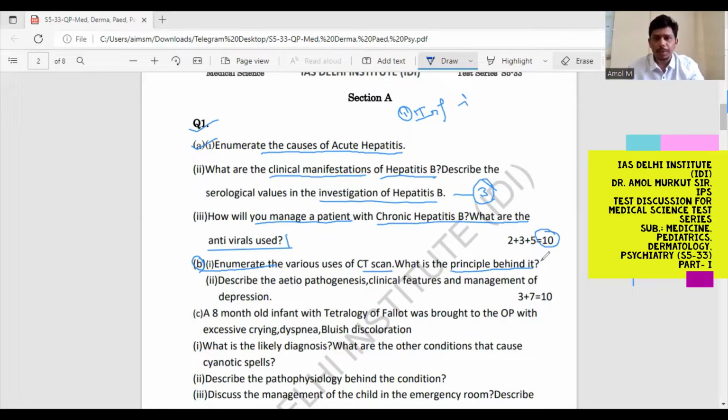Uses of CT scan, what are they? Among all the investigations which we are going to see in medicine, we can say USG, CT scan, MRI, X-ray.